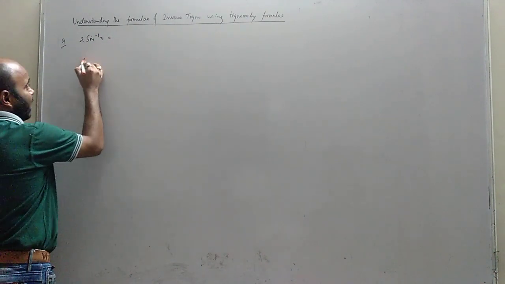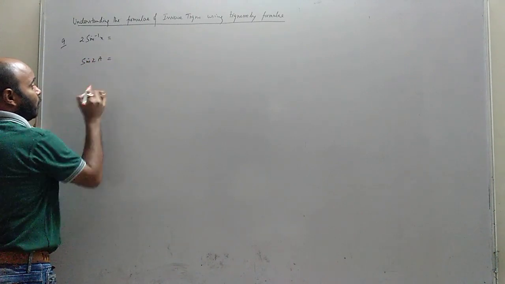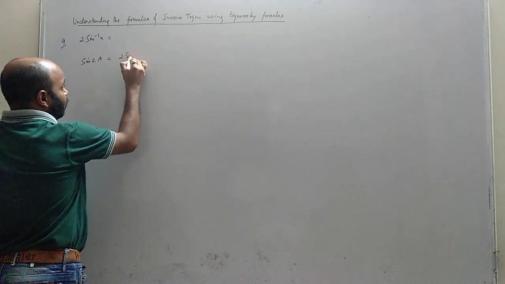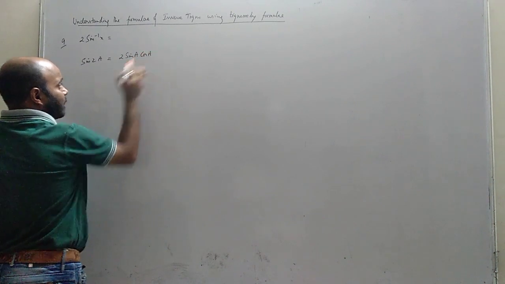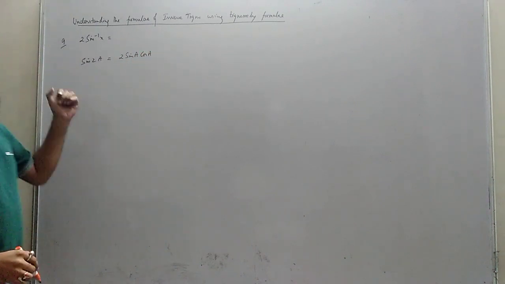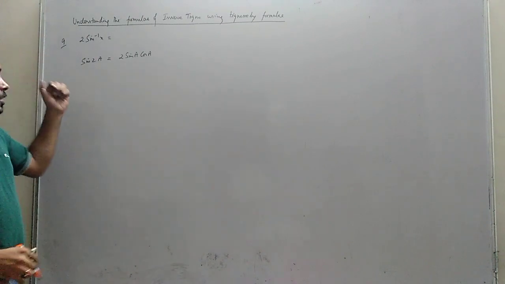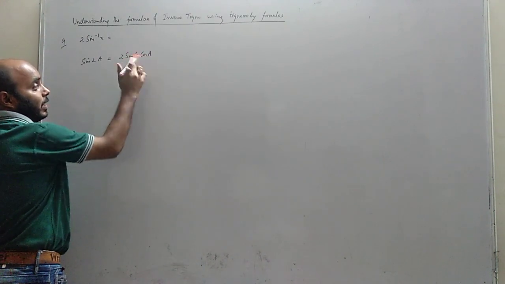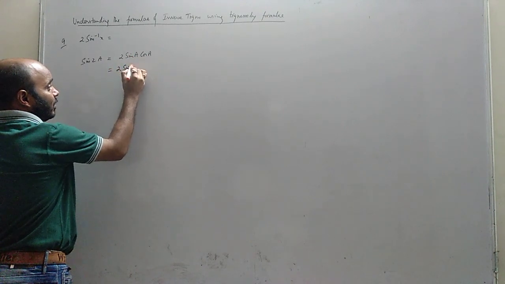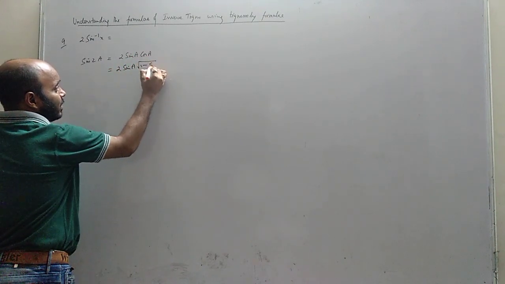So what will I do? For 2 sine inverse x, I will go for sine 2a. What is the formula of sine 2a? 2 sine a cos a. Now in the previous formula, what did we do? All was tan, so I took tan inverse. Do we have all sine? No, so we have to make it all sine. So in the place of cos a, can I write under root 1 minus sine square a?